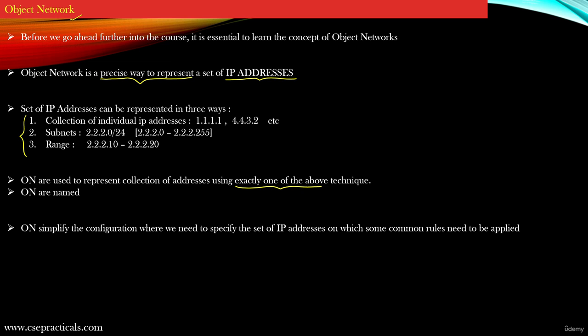Object networks simplify the configuration where we need to specify a set of IP addresses on which some common rule needs to be applied. We are going to use object networks extensively in access control lists or in network address translation rules. Since this part of the course is dedicated to network translation rules, it was important for us to familiarize ourselves with object networks.